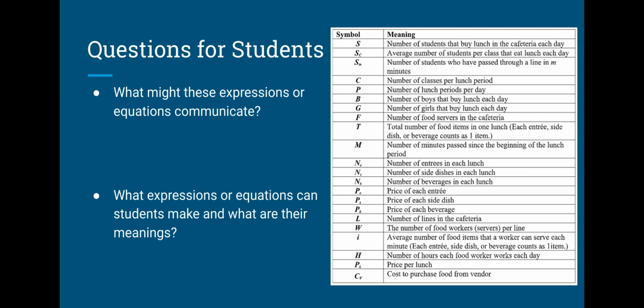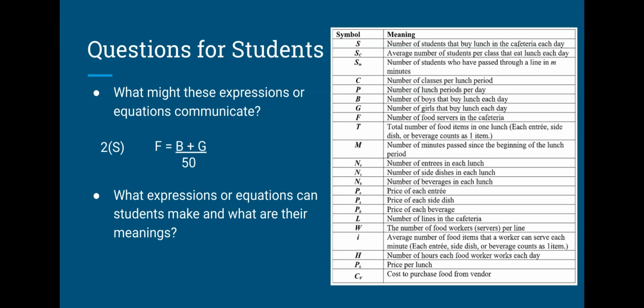So questions for students. What might these expressions or equations communicate? Well, 2 times S. What's 2 times S? Well, it's double the number of students that buy lunch in the cafeteria. F equals B plus G over 50. Well, we know that F is the number of food servers in the cafeteria, and we know that B plus G is the number of boys who buy lunch and the number of girls who buy lunch.